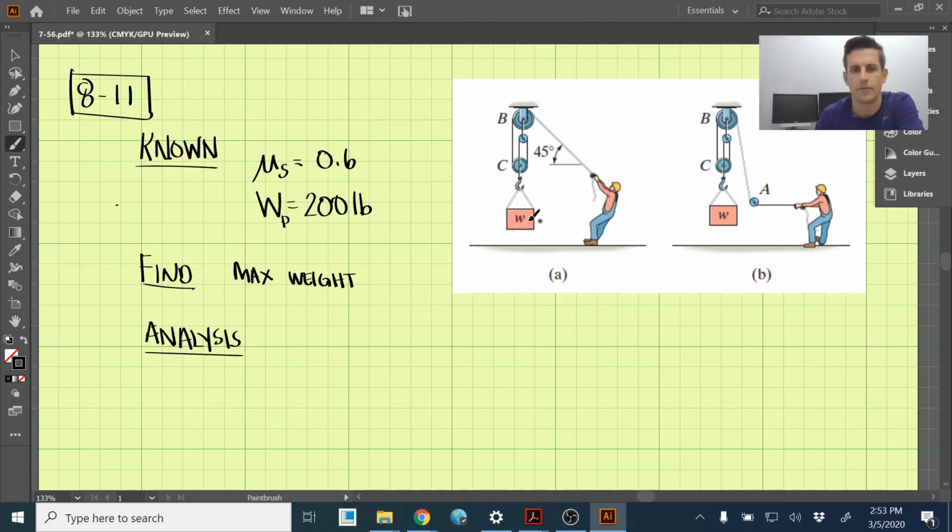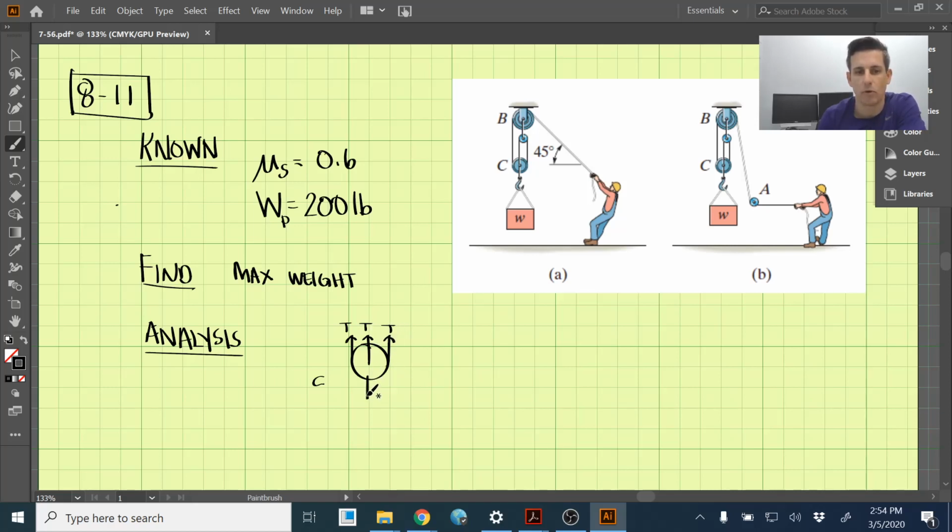All right, so let's just find the tension in these cables first off. And we'll do that by looking at pulley C. Pulley C has three cables attached to it, or the same cable attached in three places. So the tension pulling upward is 3T.